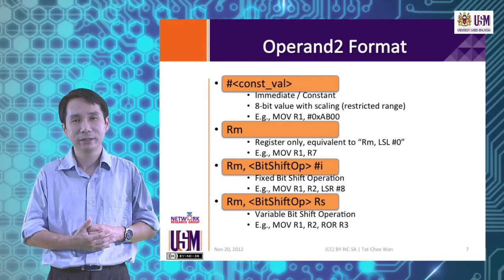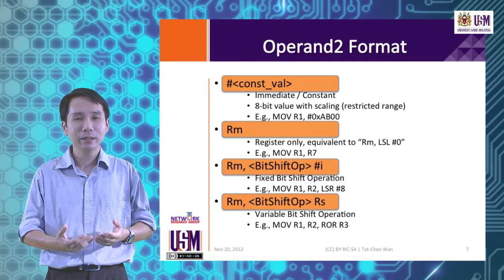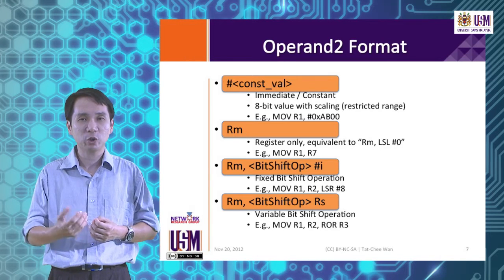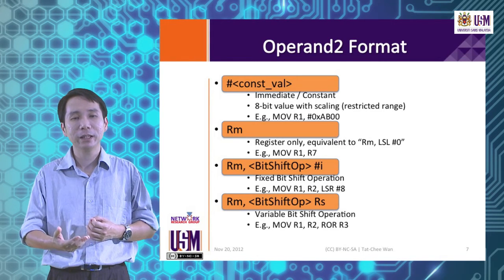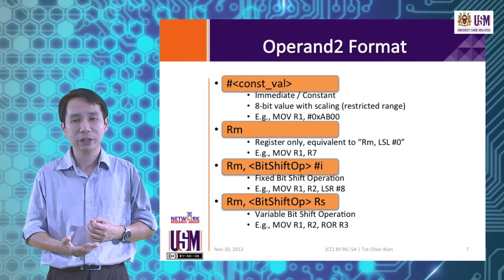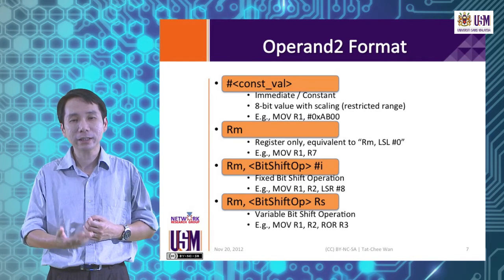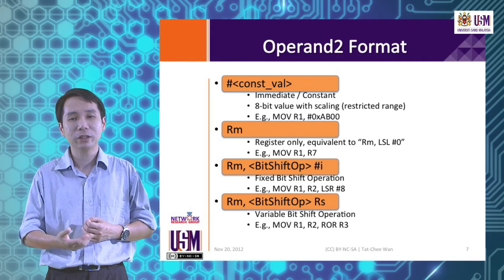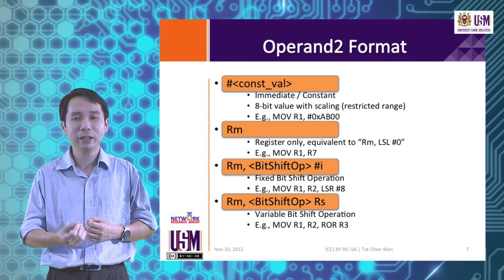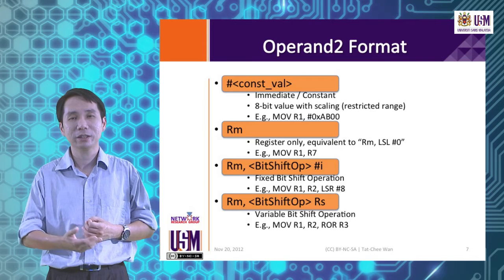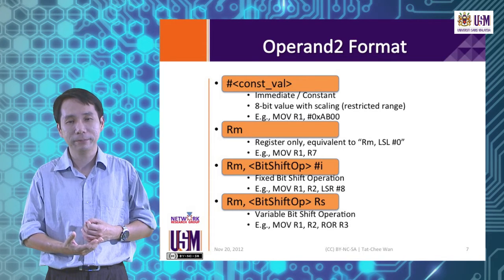bits to the left. The second operand format for referring to registers will only specify the register as the operand. So in this case, it's actually equivalent to register Rm shifted left by 0 bits, which doesn't change the value in register Rm.